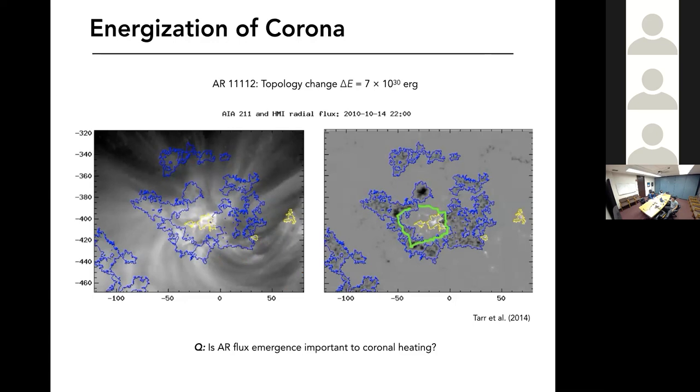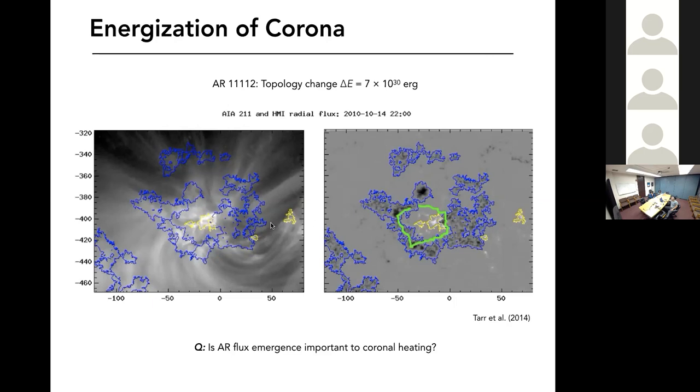We just saw that layer. So the consequence is already apparent in the corona, even before you have so much flux in the photosphere. This is an example of observation from SDO, combining HMI on the right and AIA on the left.